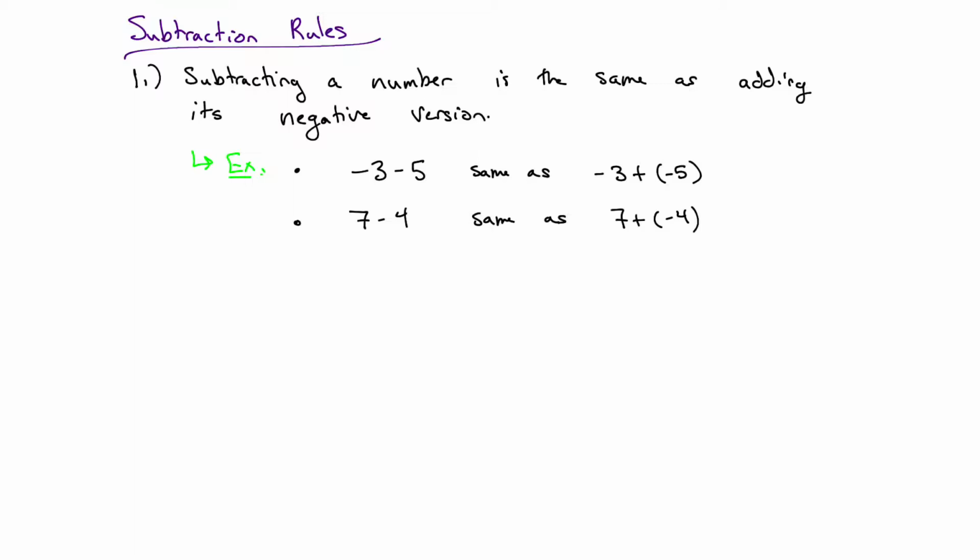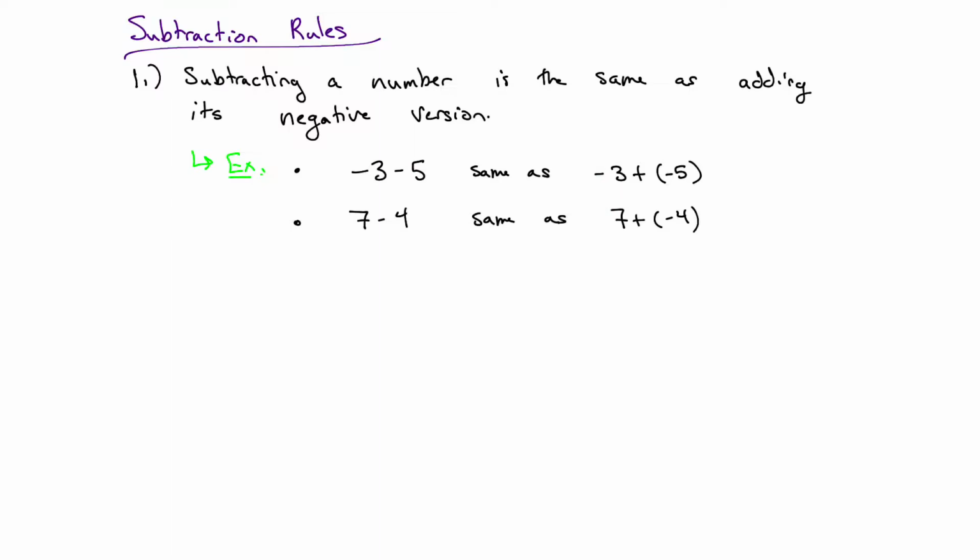So, in that context, you got negative 3 minus 5. If you're subtracting 5, you're taking away a positive 5. You're taking away a check for $5. That's essentially the same as adding a debt of $5 to yourself, right? Does that make sense? So, if I take away 5, that's the same thing as adding a debt of $5. That's why negative 3 minus 5 is the same thing as negative 3 plus negative 5.